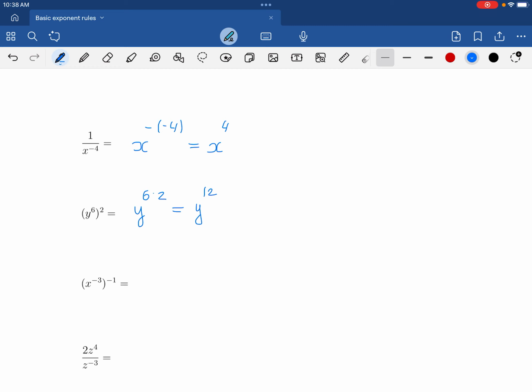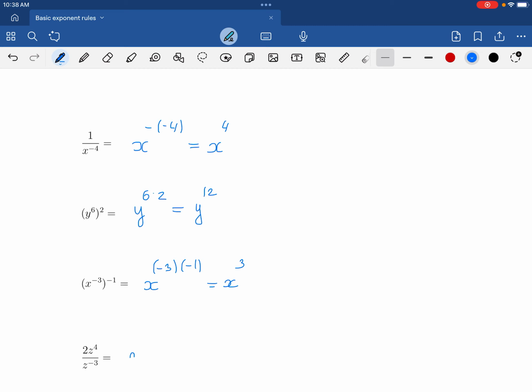Similar example here with some negative exponents. So we have x that is raised to the negative 3 multiplied by negative 1. We multiply the exponents, so we get x to the cube. And the next one is with the fraction.